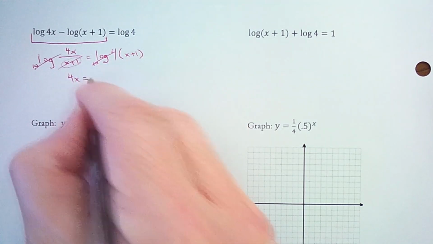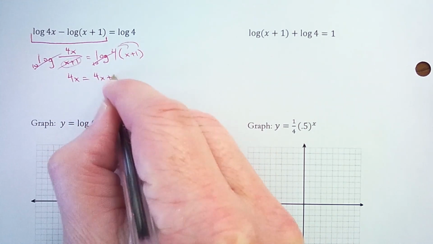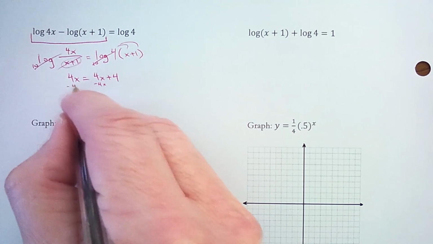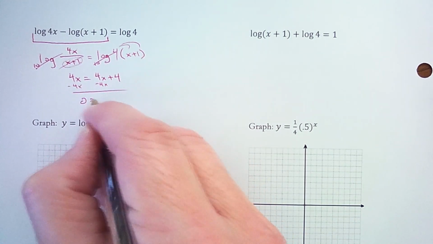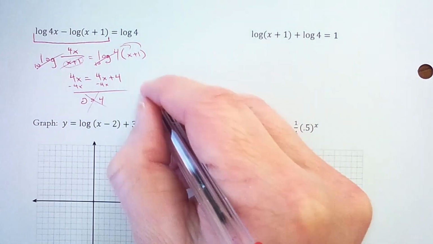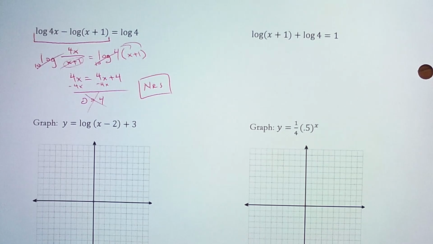So we've got 4x equals 4x plus 4. And I can subtract this 4x from both sides, and I'm going to get 0 equals 4. But 0 does not equal 4, so that means there is no real solution to this equation.